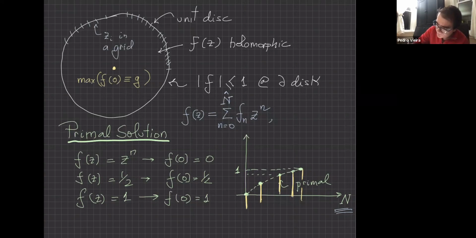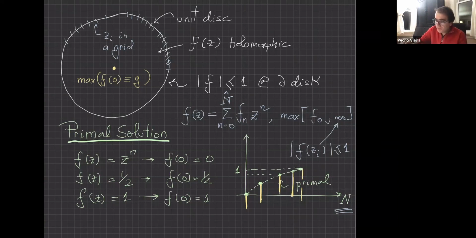And then we just ask Mathematica to maximize what? f of 0, which is the value at the origin, subject to some conditions. What are these conditions? It's just that the absolute value of f at all these points z_i is smaller or equal than 1. So that's how you do it in Mathematica. You just maximize f of 0 with these constraints.